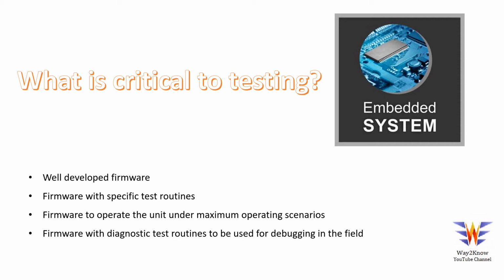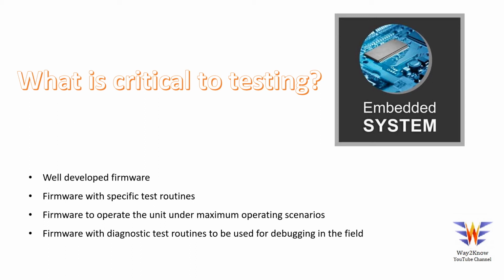A firmware engineer should work from the beginning of the project such that once the prototype is available, he has code which can be dumped onto the board. A firmware engineer cannot sit during the testing phase and develop new things, which could increase the test times, the project timelines, and the cost. So a well-developed firmware which is available for testing is a very important requirement.